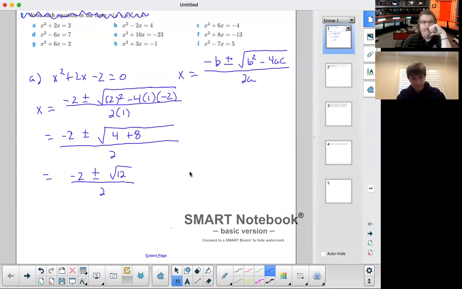And 12 isn't a perfect square, so we can't do anything about that, right? Like if it was square root of 25, then we'd add 5 and subtract 5, and simplify. Does that make sense? Yeah.